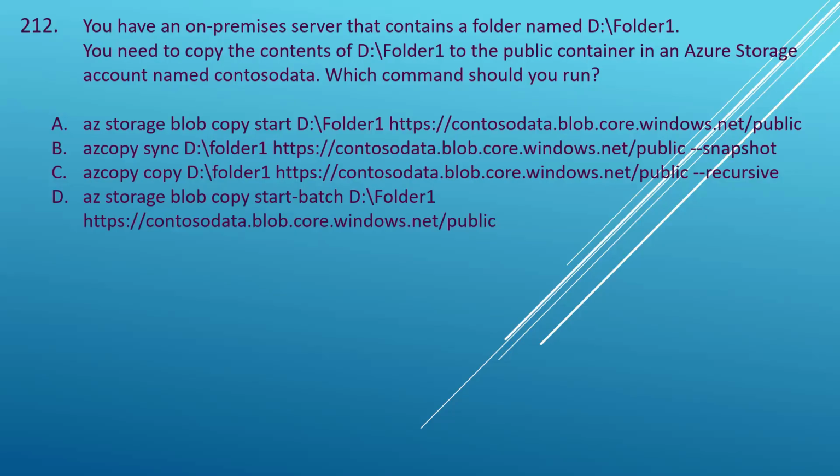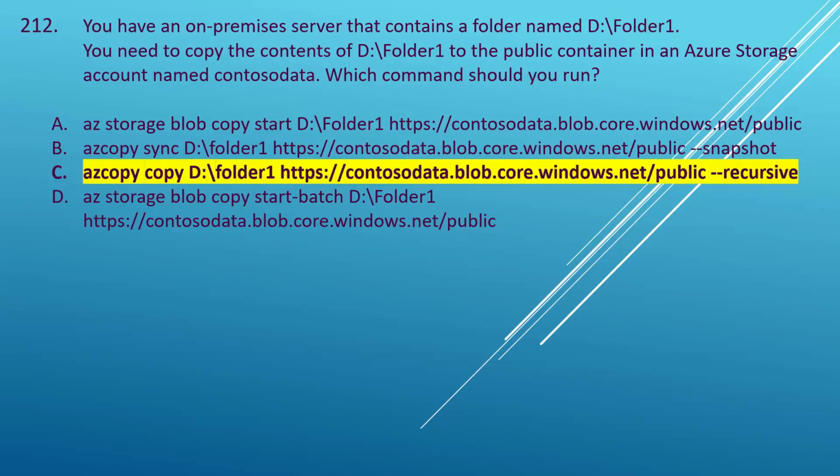And friends, the correct answer here is option C. You will have to use the recursive flag here, which indicates that the command should recursively copy all the files and folders within D folder 1 to the specified destination in the Azure storage account.